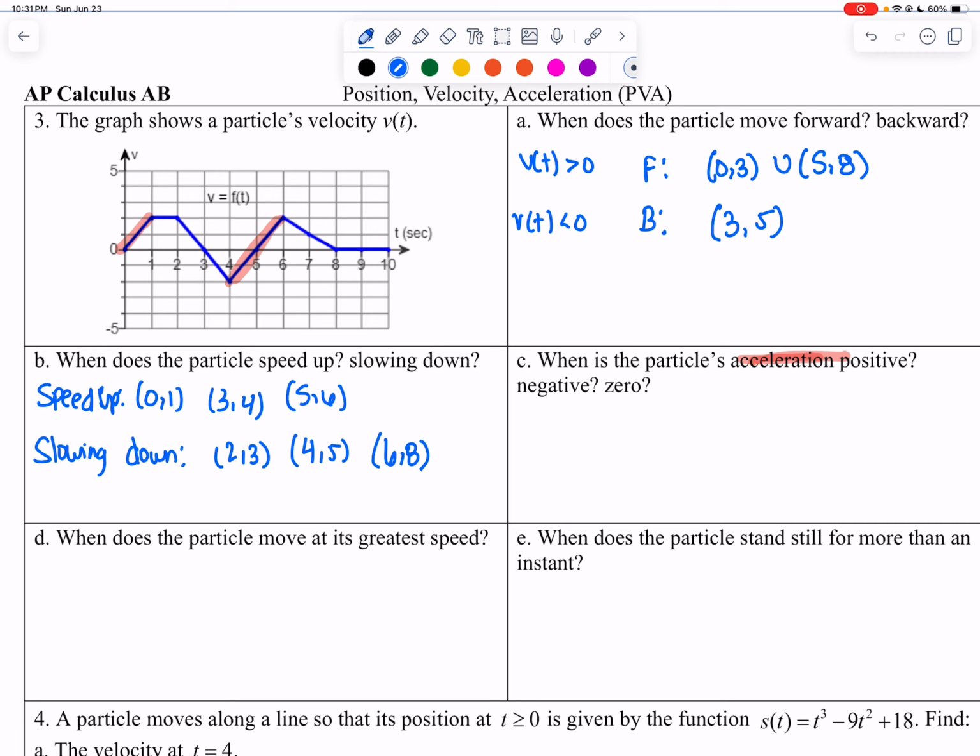So that means that my acceleration, aka v prime of t, because they give me velocity, is positive at 0 to 1 and then 4 to 6. Acceleration is negative when v of t is decreasing, and that is when we have 2 to 4, 6 to 8.